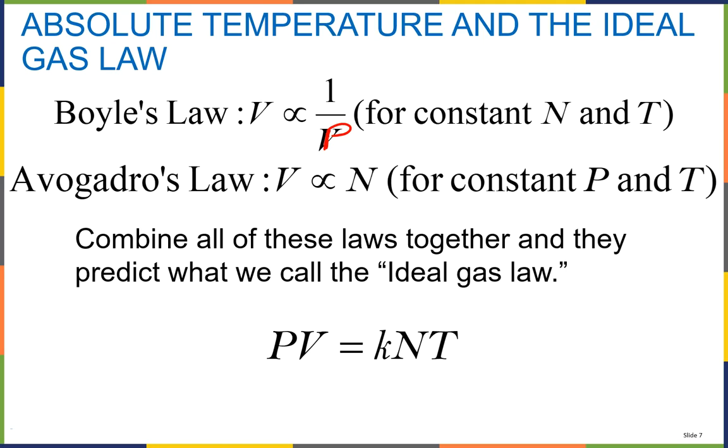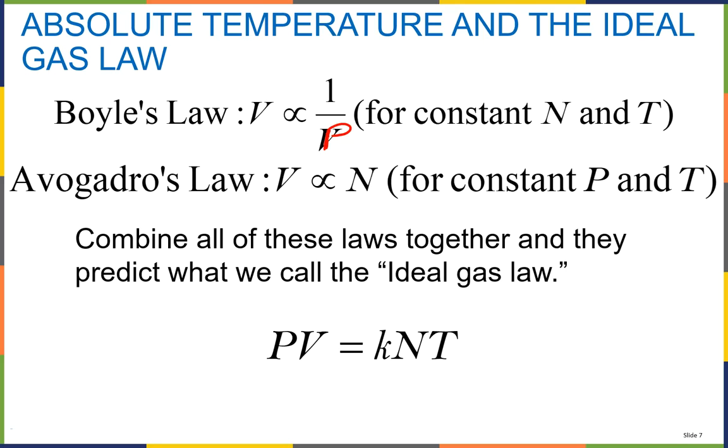That really wouldn't make sense. Volume is inversely proportional to pressure, or pressure times volume is constant if you keep the number of molecules constant and the temperature constant. Now notice Boyle's law, Charles' law, and Gay-Lussac's law all kept the number of molecules constant. The final of the four laws that combine to give the ideal gas law is Avogadro's law that says the volume is proportional to the number of molecules if you keep the temperature and pressure constant.